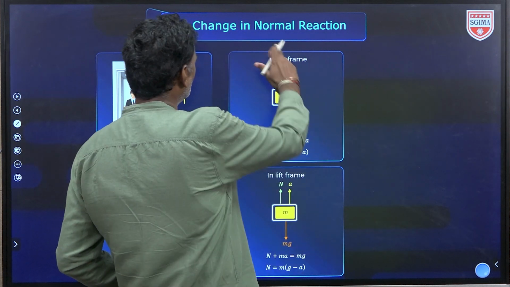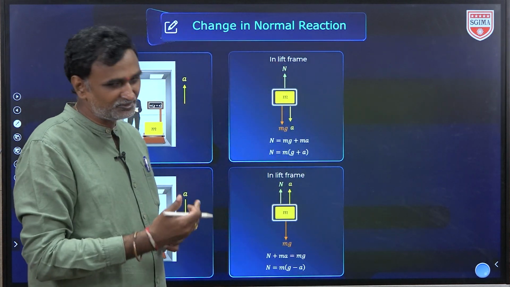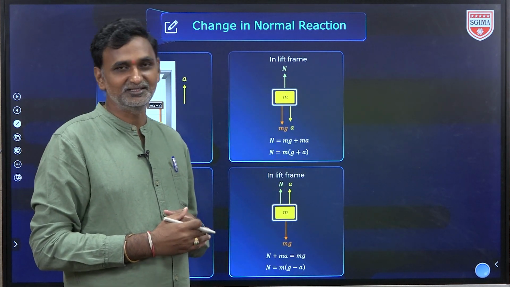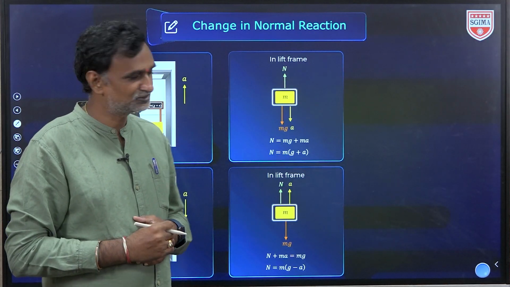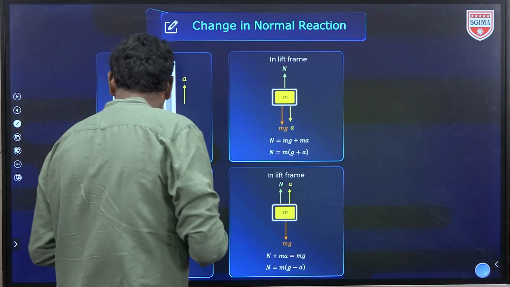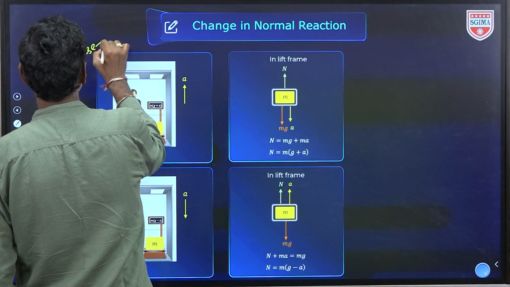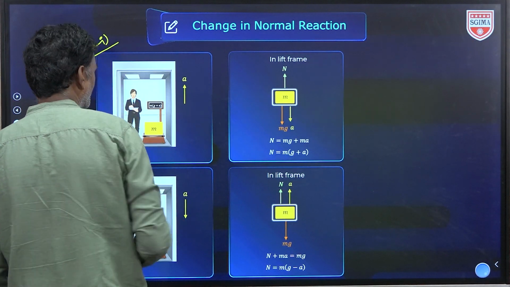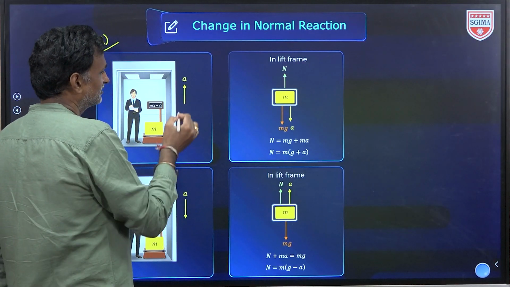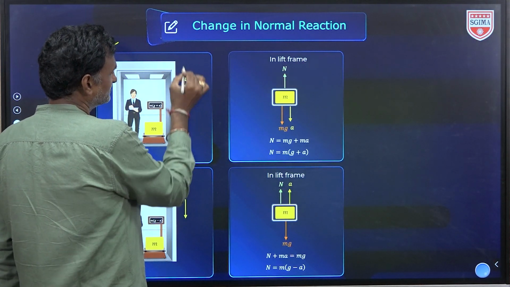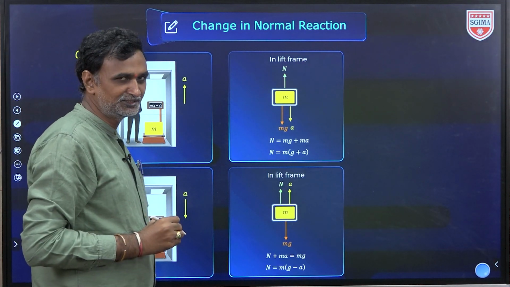The change in normal reaction is nothing but the change in weight, that is, the apparent weight we need to measure. Here is case 1. The lift is moving upward with an acceleration a.